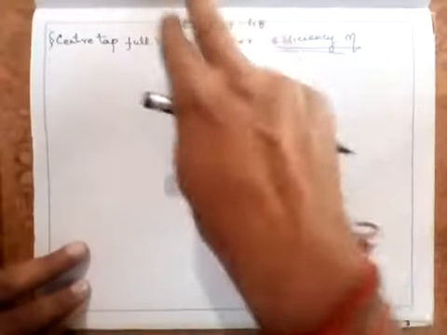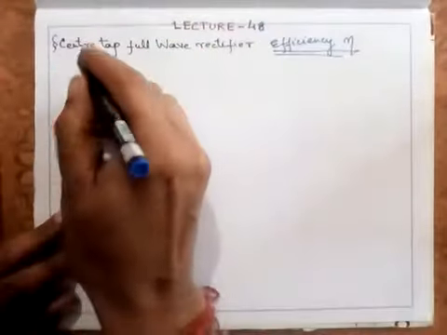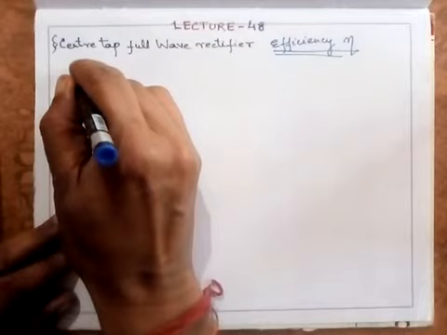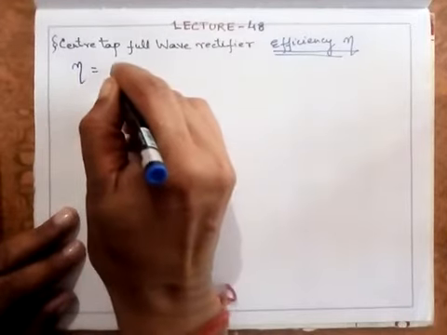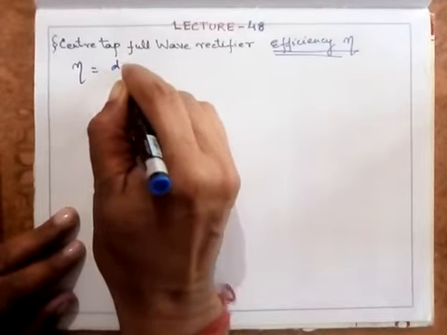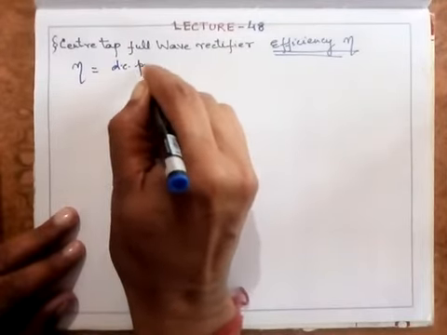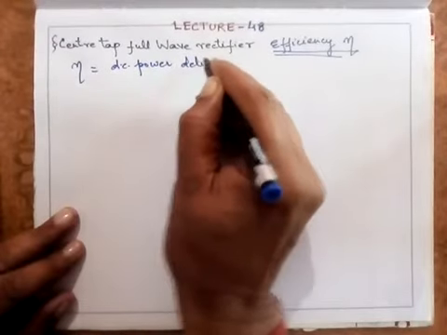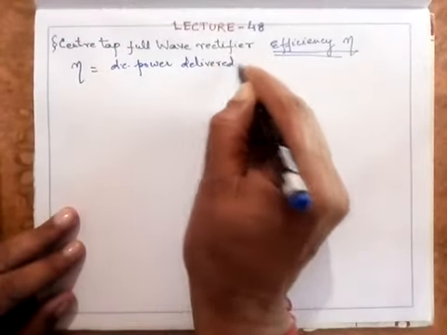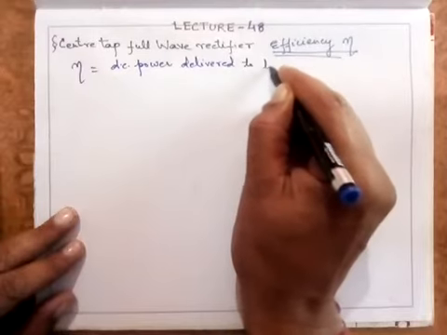So now as far as the efficiency is concerned, I have already defined the efficiency, denoted by eta. It is equal to the DC power delivered to the load.